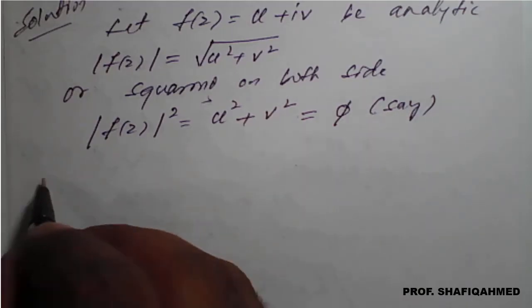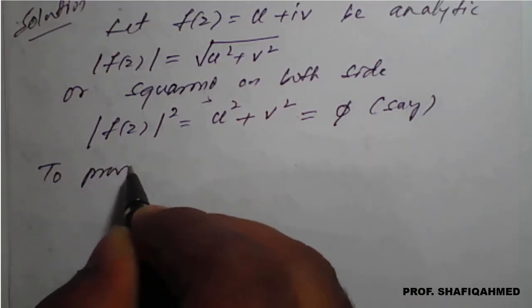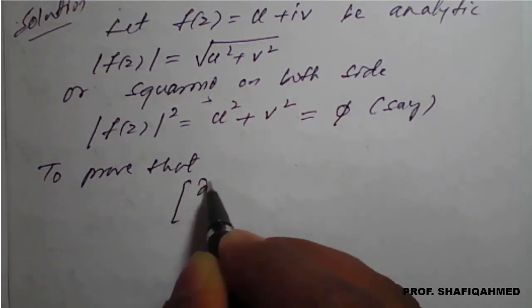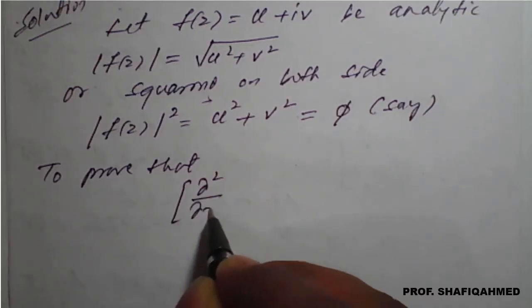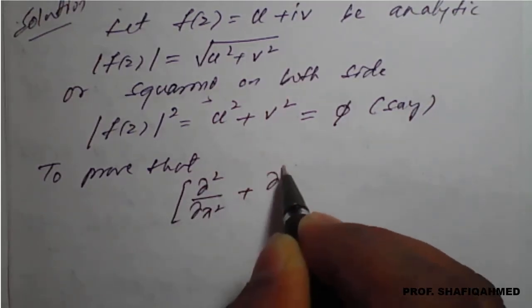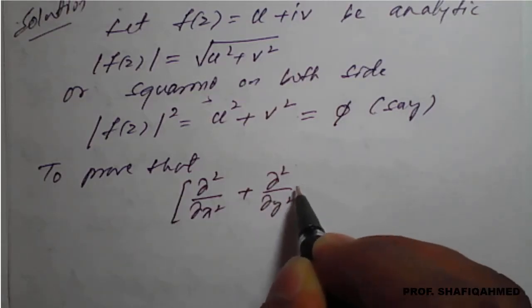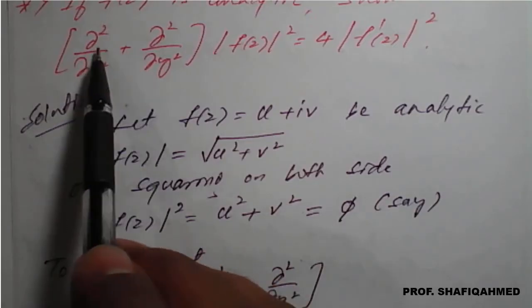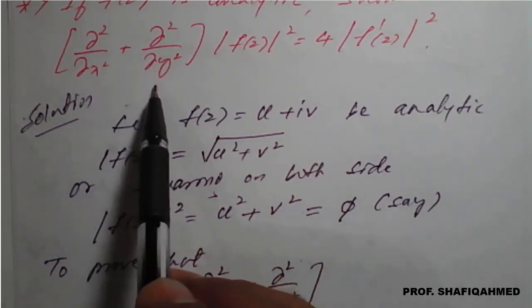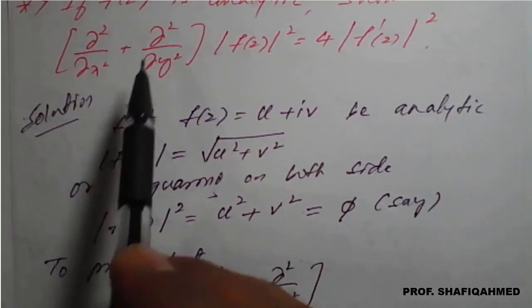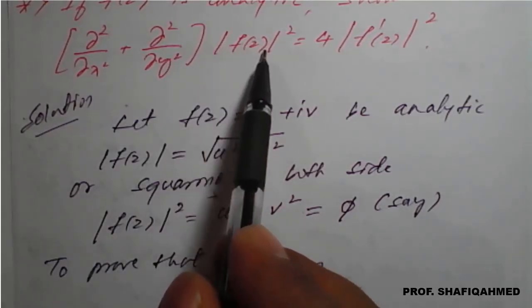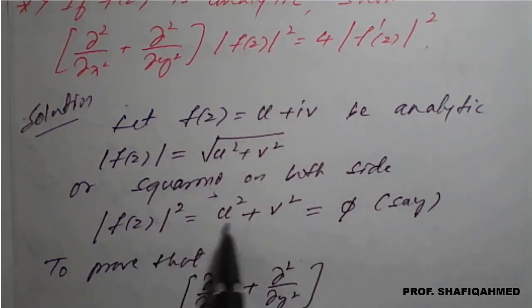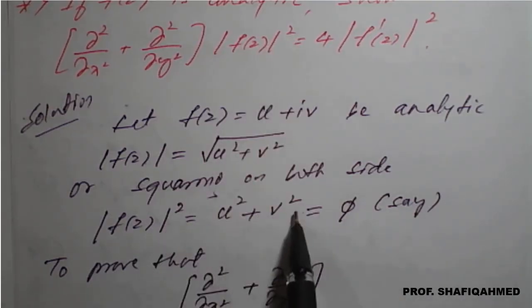Now to prove that (∂²/∂x² + ∂²/∂y²) of |f(z)|², which we have taken as either u² + v² or phi.